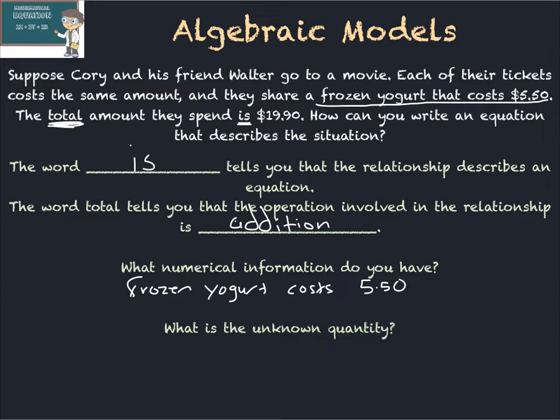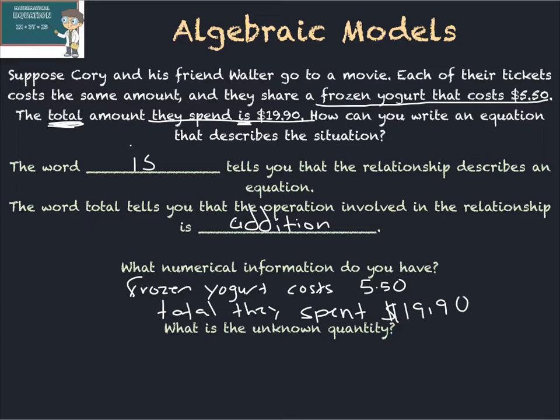Now, that's not it. We have another piece of numerical information here. We know that the total that they spent when we add it all together, the total they spent is $19.90.